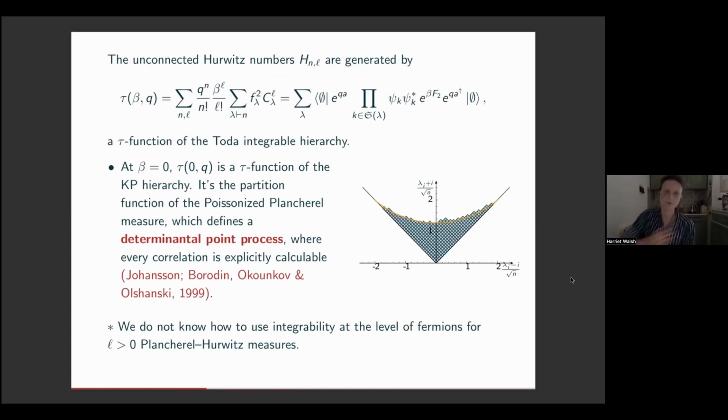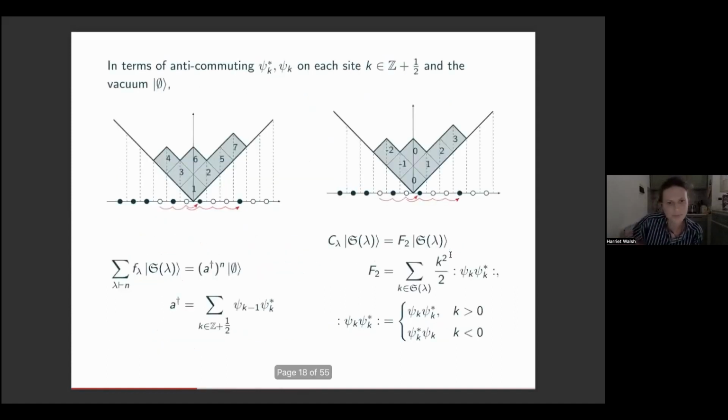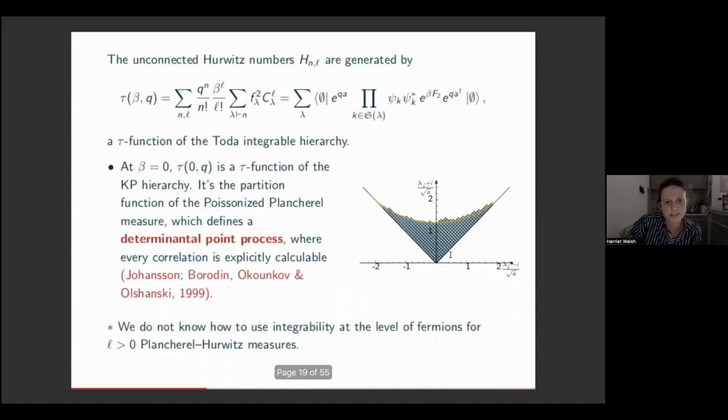But in the case where you only have the F lambda, only have the number of standard Young tableau, which was treated by Johansson as well as Borodin, Okounkov, and Olshanski, you can use the algebraic structure of the anti-commuting operators to directly study every part of the measure, and you can find every correlation function explicitly and find some asymptotics that way, because we have a generating function explicitly for the determinantal point process.